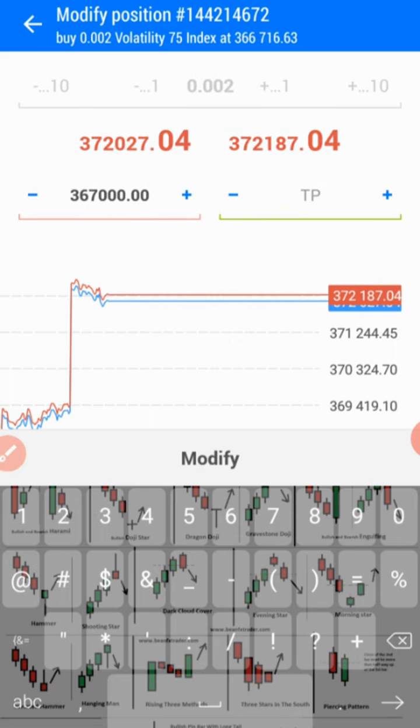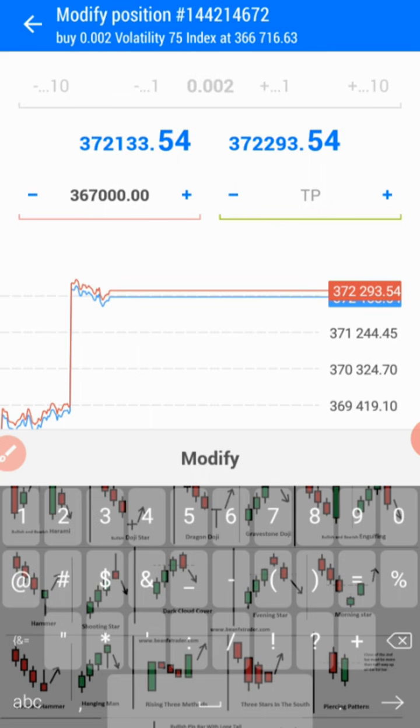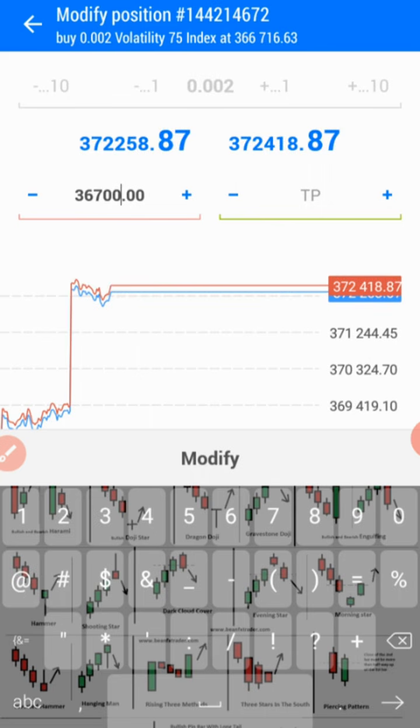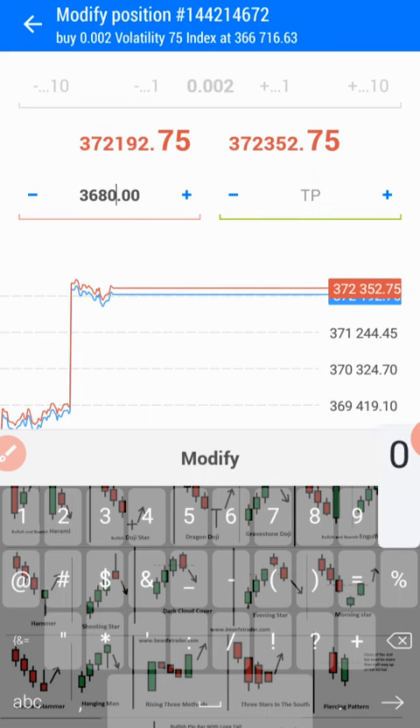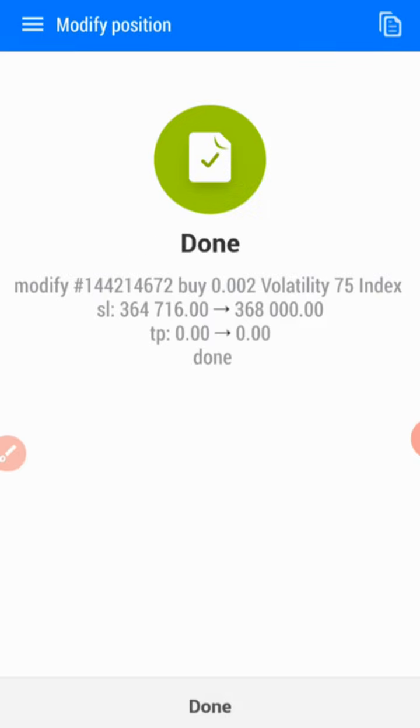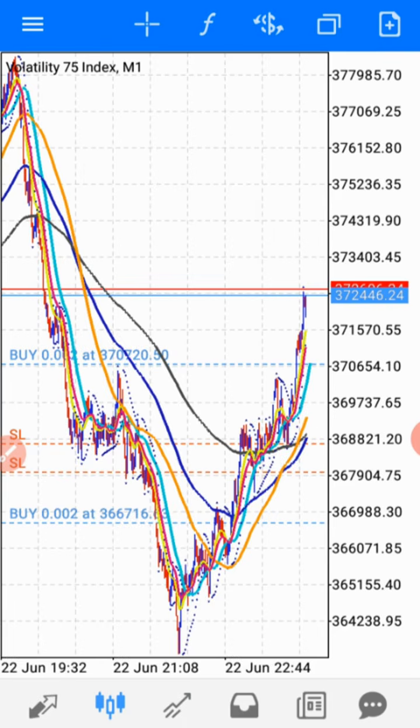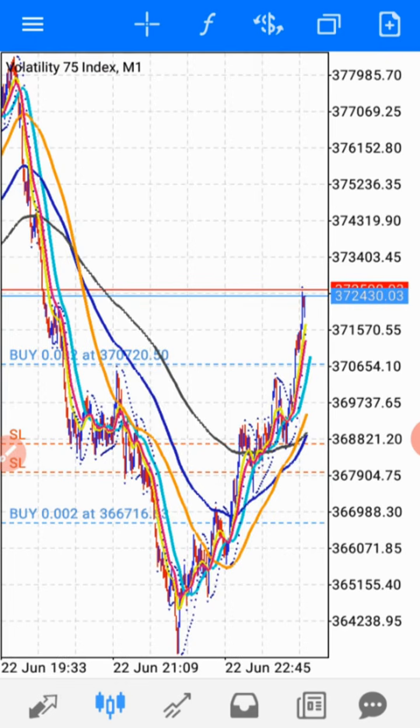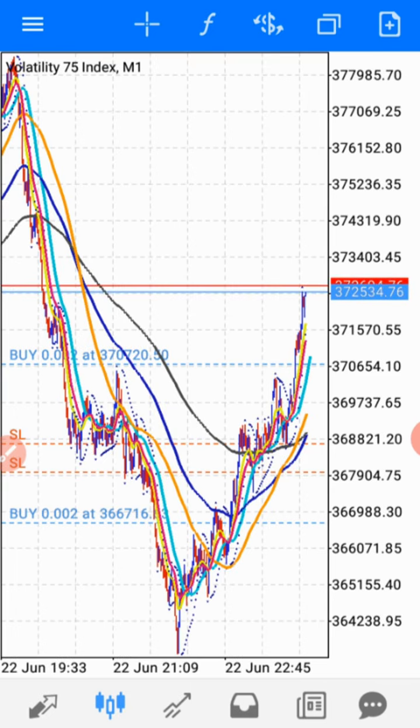Okay, so then let me make it 368000. See now, the stop loss jumped from the bottom and now it's at the top. I don't like that it is so high, but that's just how to trade your stop.